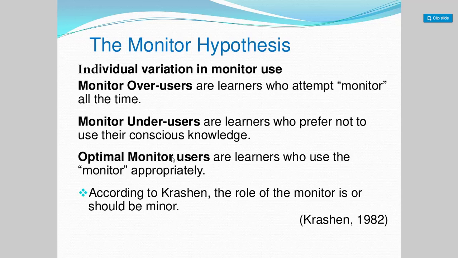Therefore, they're going to be there just to understand, comprehend, but maybe they're not going to interact. And finally, we have the optimal monitor users. These learners are going to monitor appropriately.